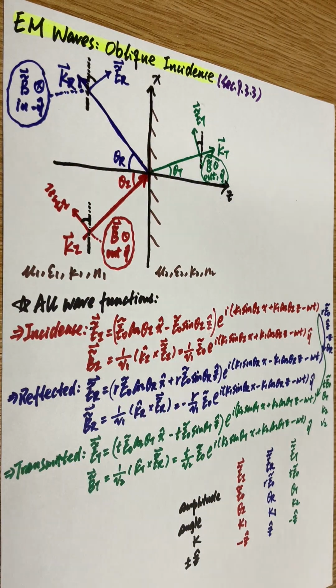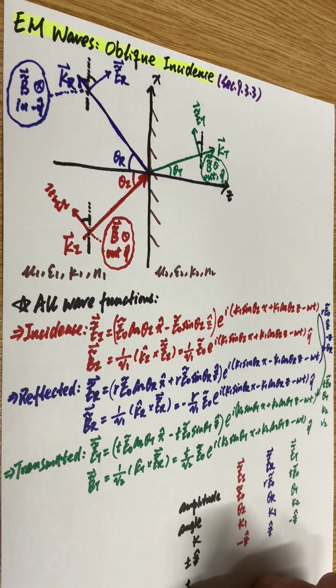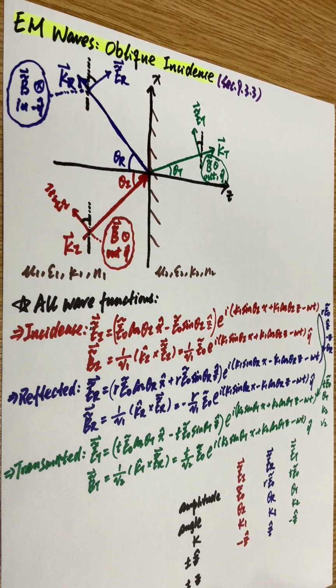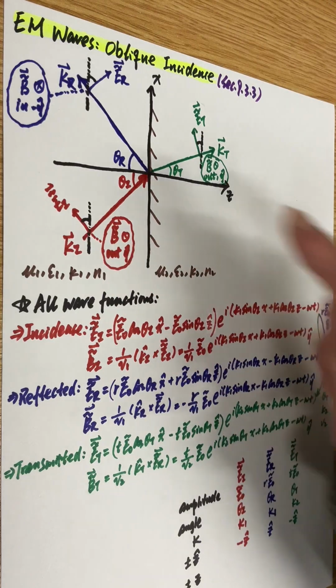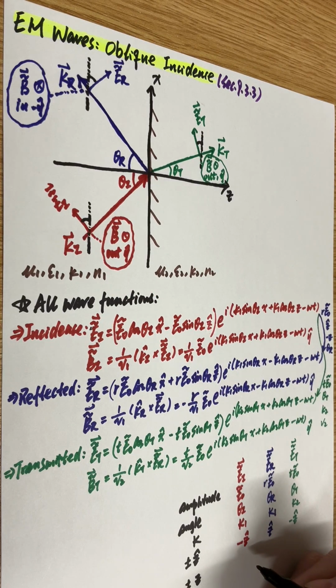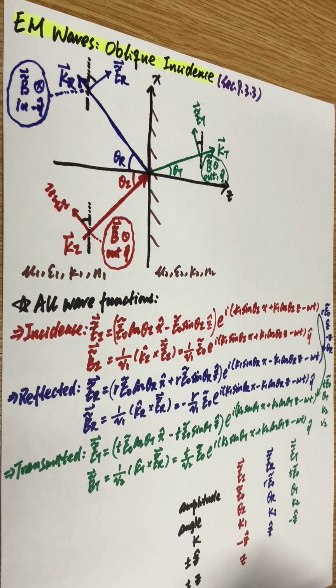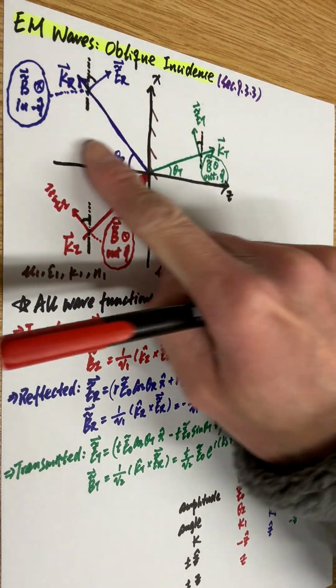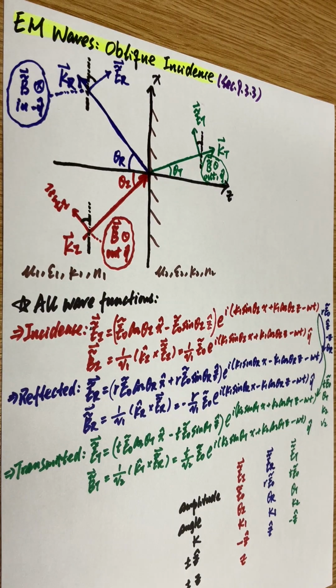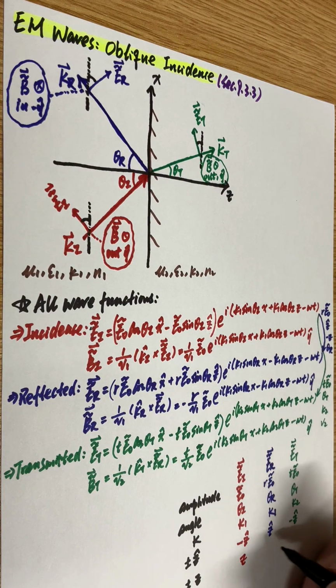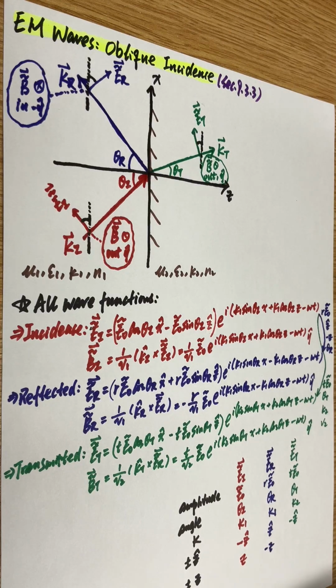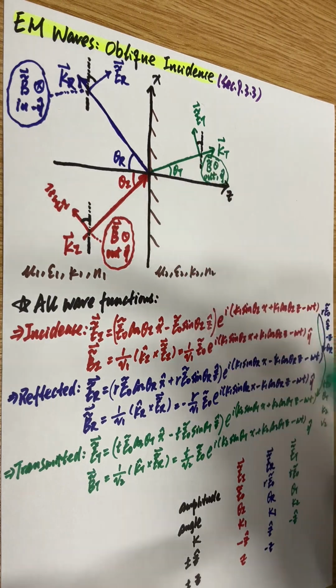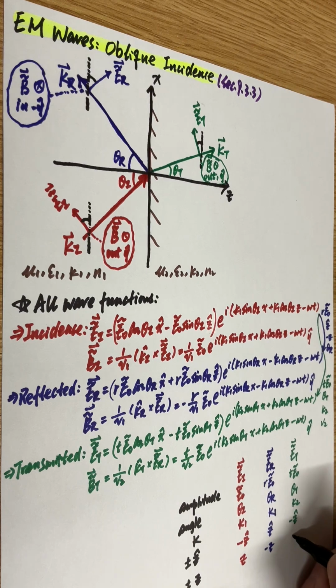So we have positive, negative propagation direction. The first one we have positive z, this would have negative z component, and then this would have positive z component.